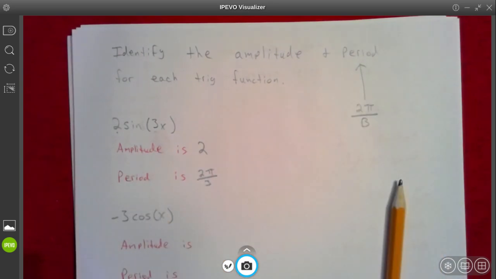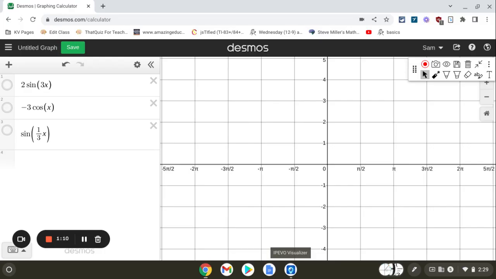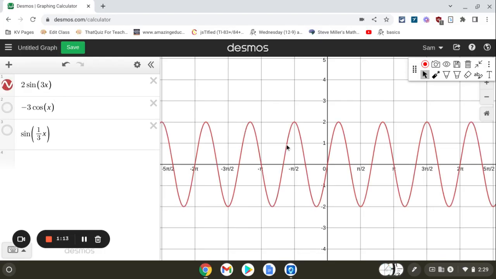Okay, let me show you a picture of this one. 2 sine of 3x. My amplitude's a 2, so that just controls the height of my function, or the distance from the tip top to the midline. And then this 3x is just going to make it repeat itself more often.